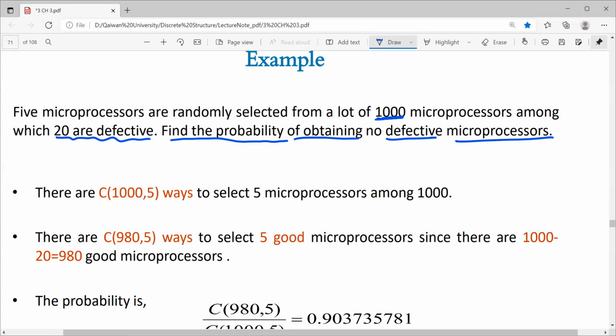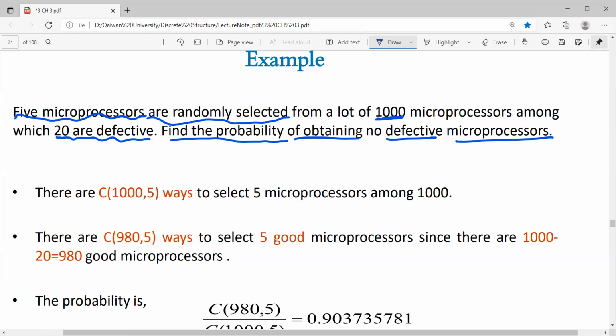Look, it says 5 microprocessors are randomly selected. That means we choose 5 from 1,000 randomly. So ordering is not important here. If ordering is not important, we use combination. If ordering is important, we must use permutation.